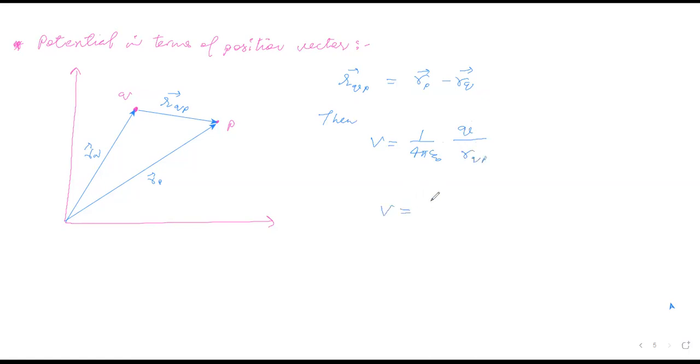And this can also be written as 1 over 4 pi epsilon naught Q over RP minus RQ. We have replaced RQP with RP minus RQ. Okay? Now, note it down, please.